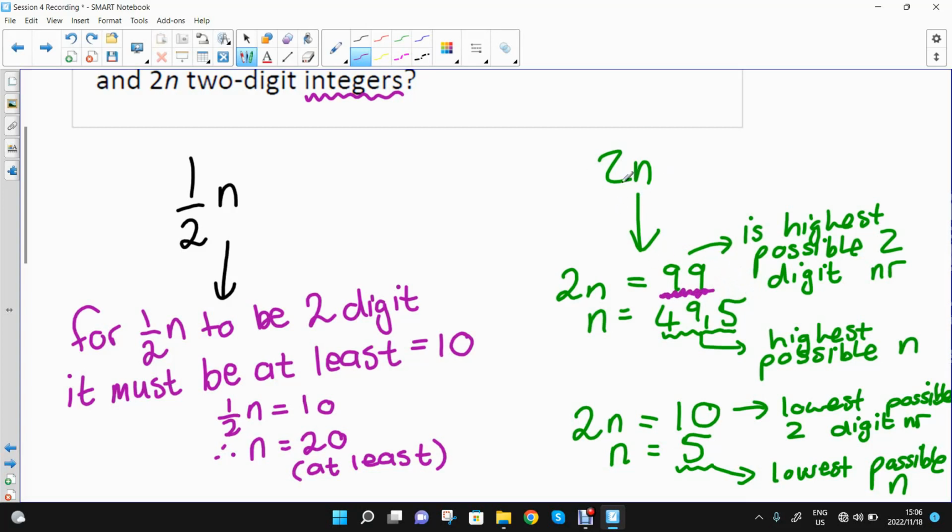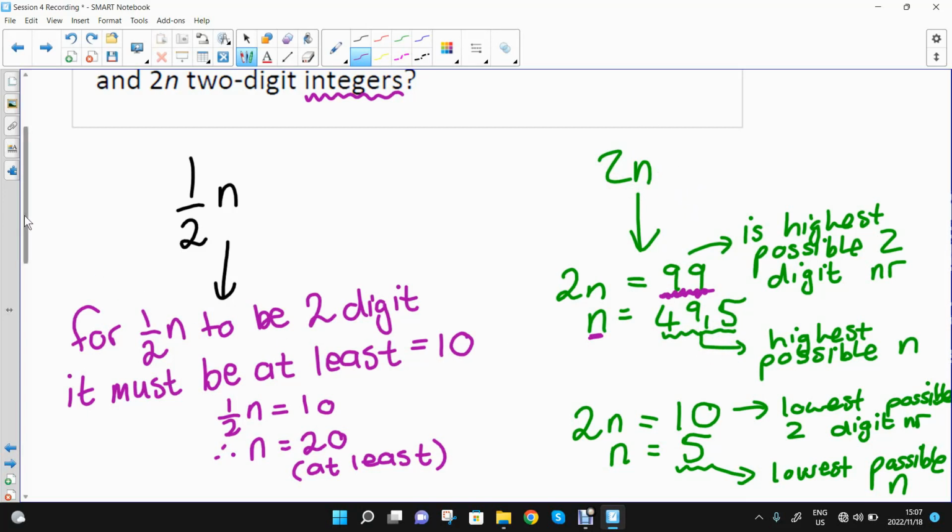So if I set my 2n equal to that biggest possible 2-digit number, it means that my n value in that scenario must be 49,5. That's the highest possible n that will work for this scenario to play out correctly.